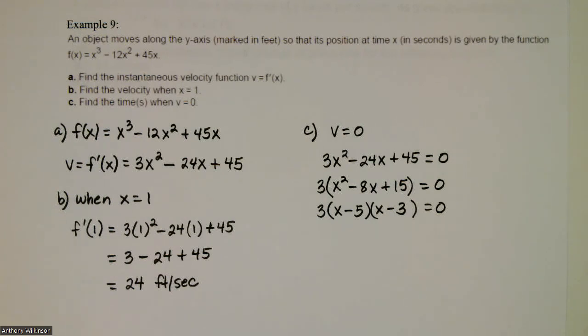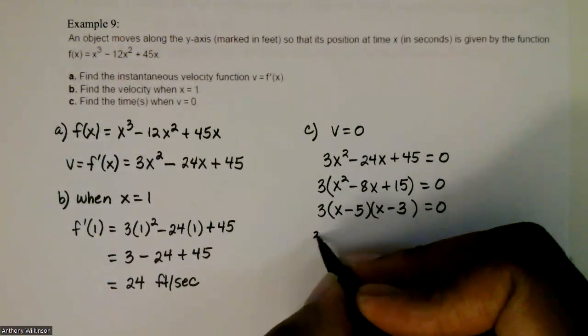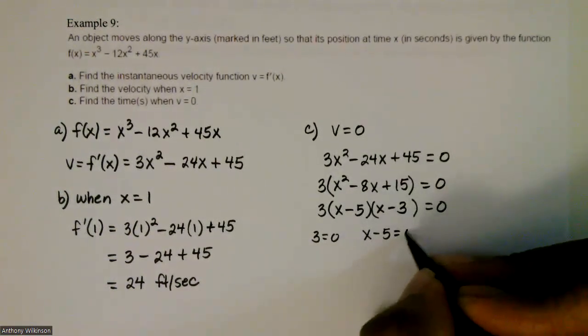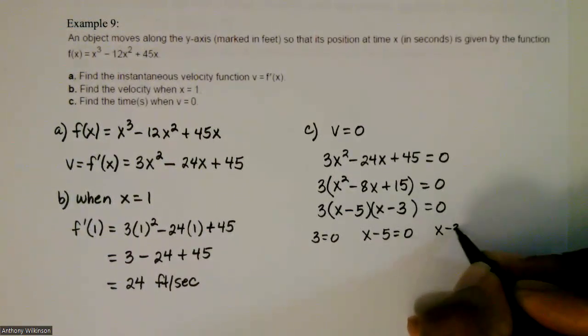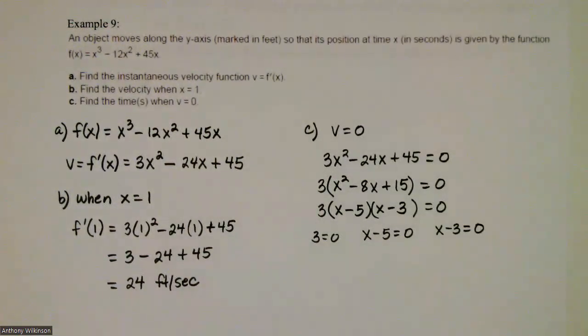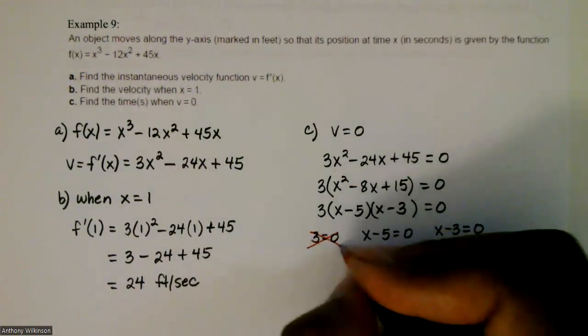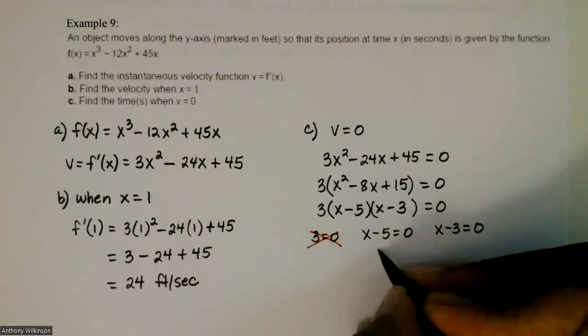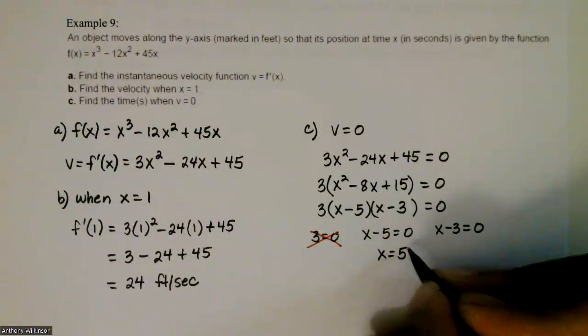Then we set each factor equal to 0. So I set 3 equal to 0, x minus 5 equal to 0, and x minus 3 equal to 0. Well, 3 equaling 0 is not true, so we cross that out. For x minus 5 equal to 0, if you add 5, you get x equals 5.